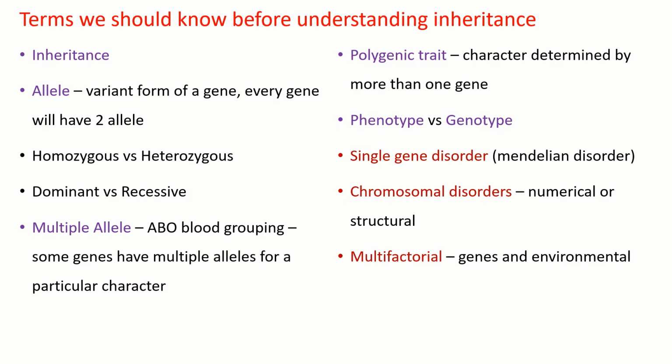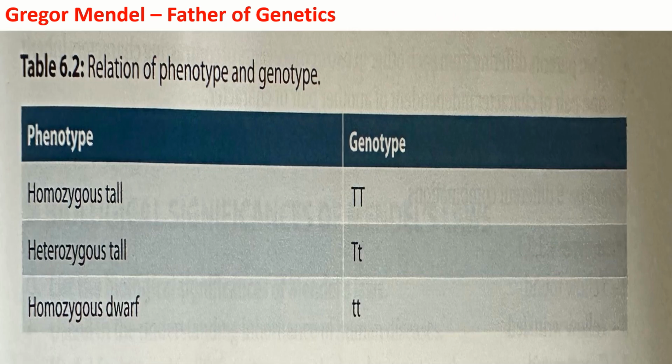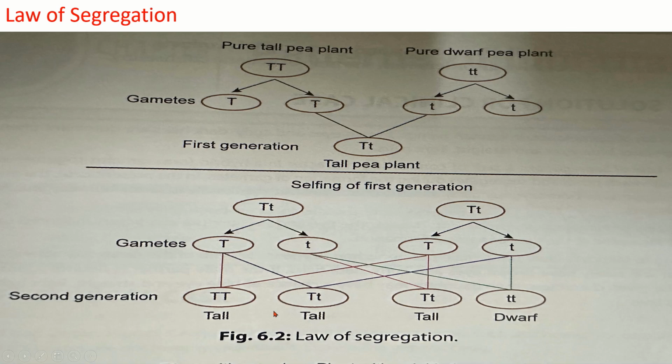Then chromosomal disorders, a defect in the number or structure of chromosomes. Then multifactorial disorders, a defective interaction between genes and environmental factors. You can see here homozygous tall, capital T and capital T, heterozygous tall, capital T and small t, homozygous dwarf, small t and small t.